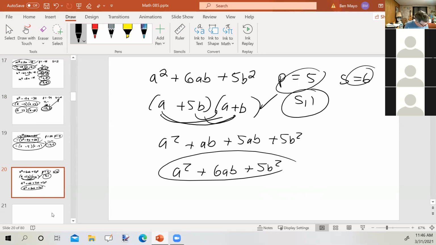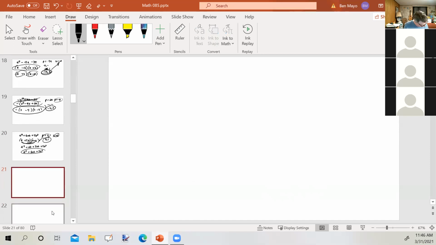Let's take a look at this one. p squared minus 7pq plus 10q squared. I should have mentioned this on the previous problem, but I'll mention it here. This trinomial is in standard form in terms of the variable p.